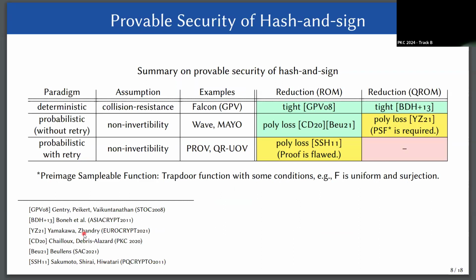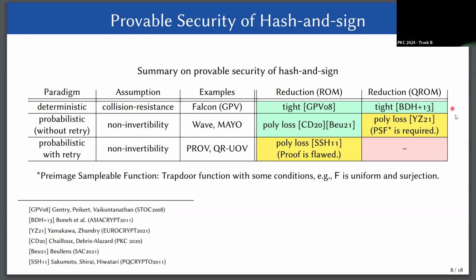Here's the current status of the provable security of Hash&Sign. As for the deterministic Hash&Sign based on collision resistance, including the GPV framework using Falcon, there are reductions both in the ROM and the QROM, and they are tight. As for the probabilistic Hash&Sign based on non-invertibility, there are reductions both in the ROM and the QROM.